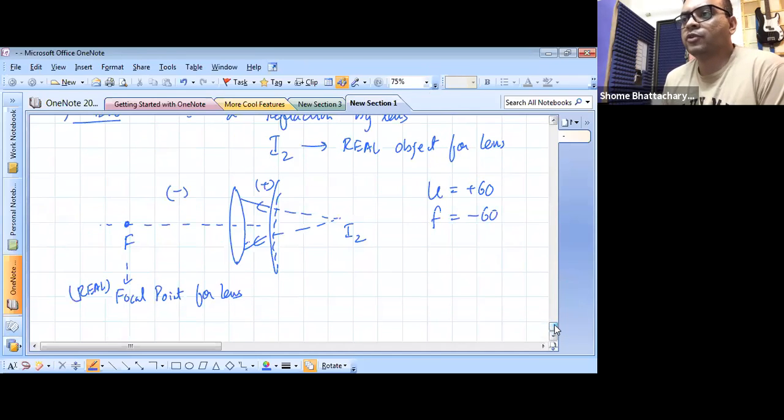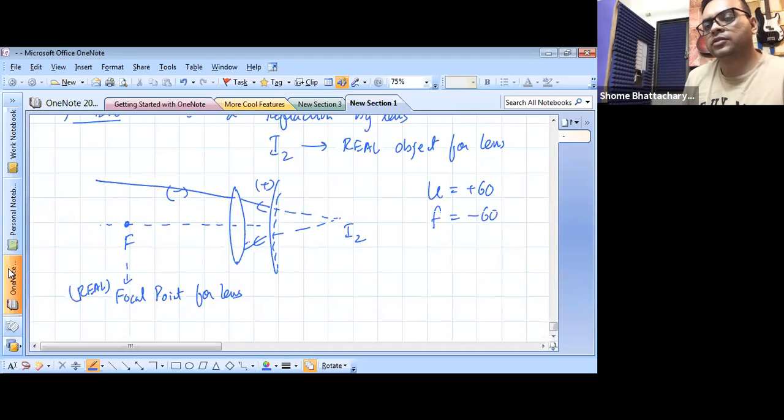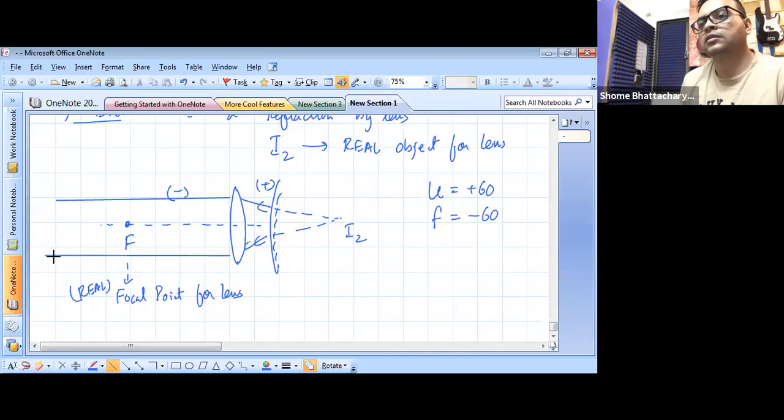So where should the image be formed? At infinity. So now these rays will come out parallel to the principal axis. The image is formed at infinity.